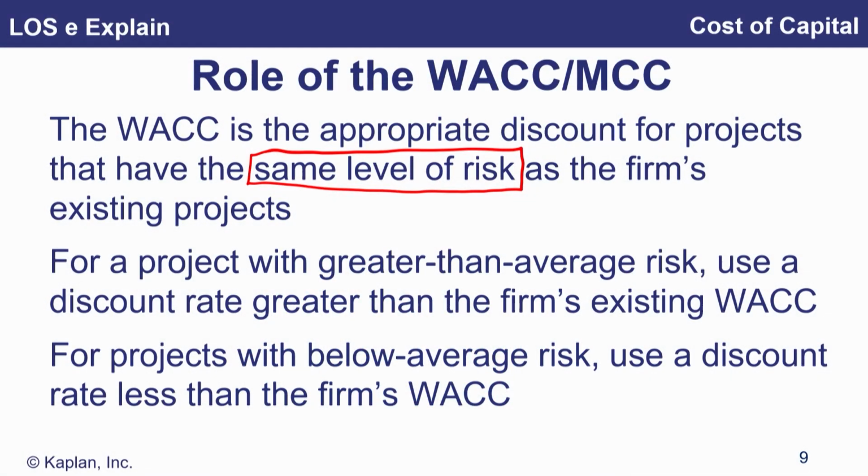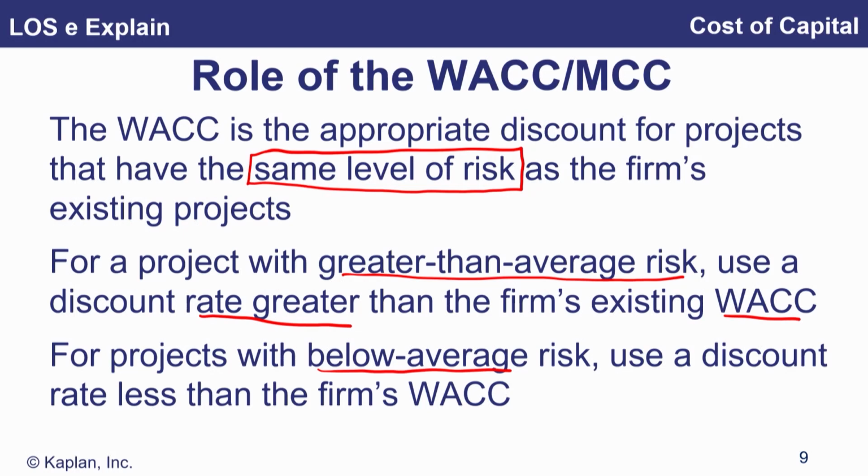So for a project with greater than average risk, that wouldn't be the appropriate discount rate. We need to use a discount rate that we're just going to say here greater than the existing WACC if it has greater than average risk. A project, maybe an environmental project where there's really no uncertainty about the cash flows, if you do this, you can avoid these fines in the future.